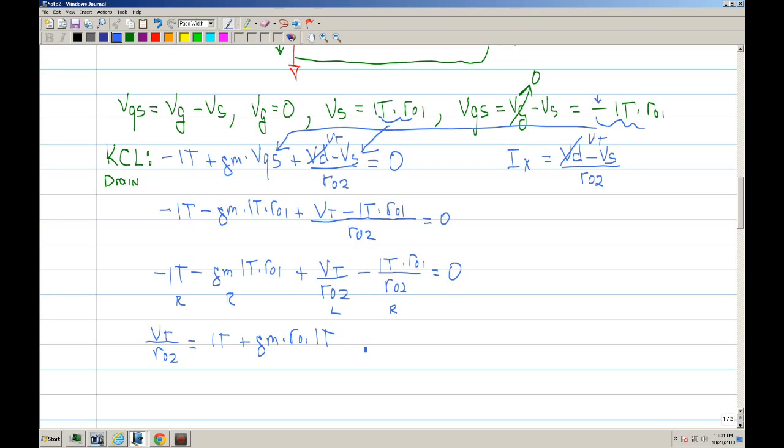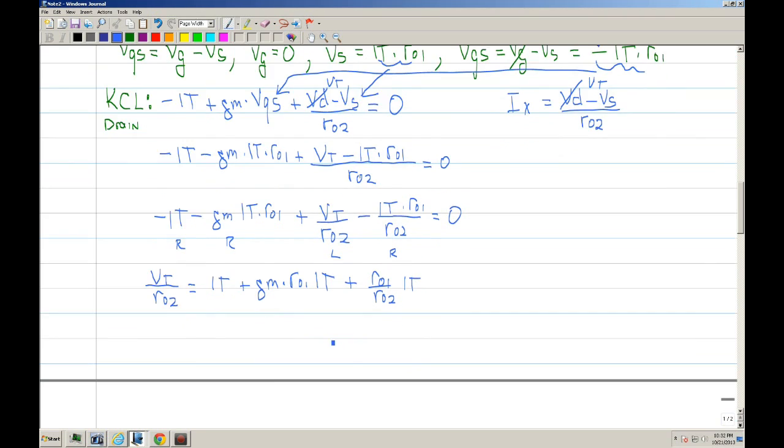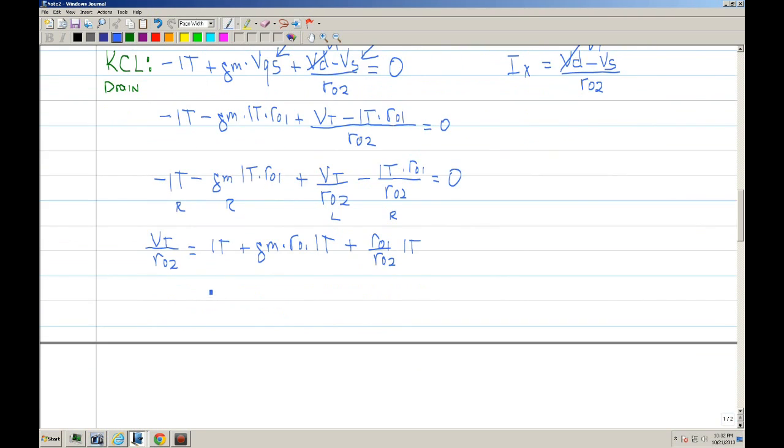Okay, and then we have this one here, 1, 2, IT. Okay, so now what we can do, factor the IT, GM RO1, 2.